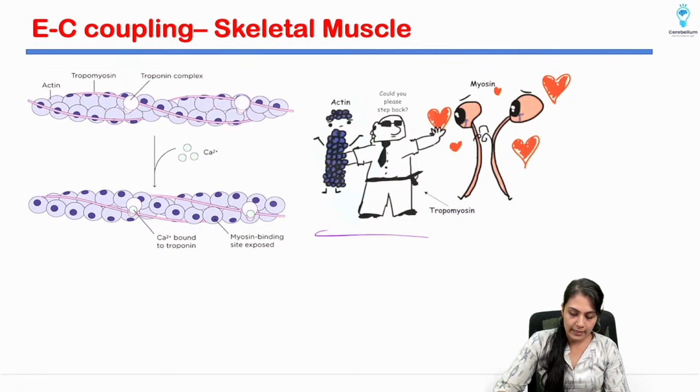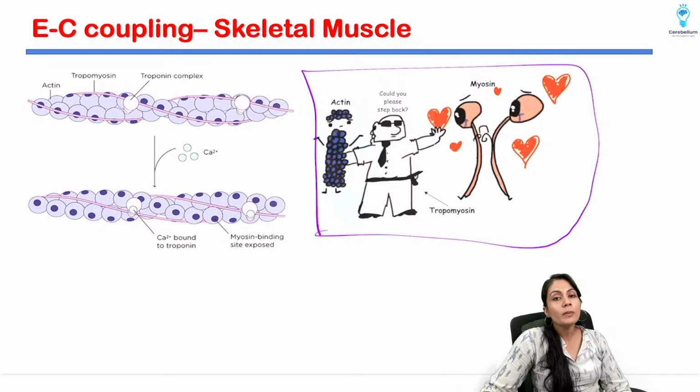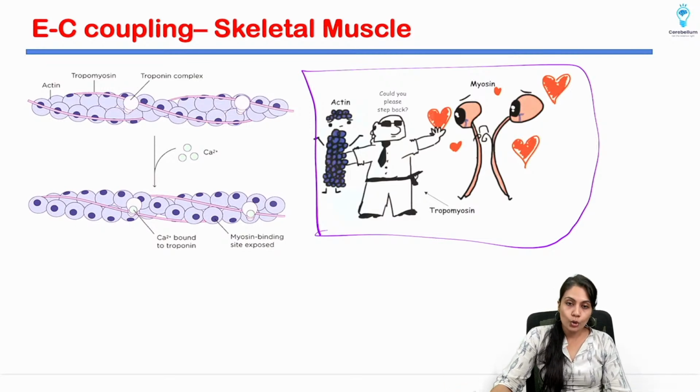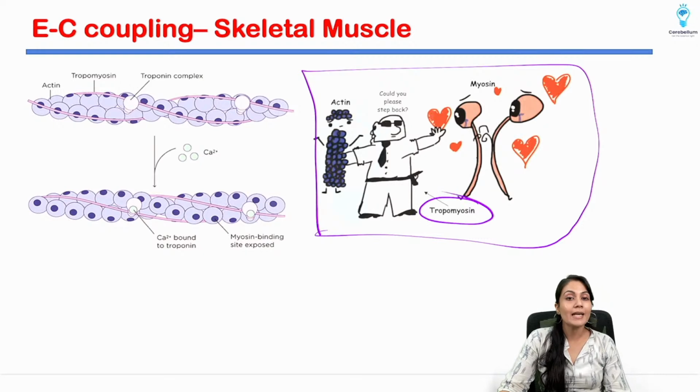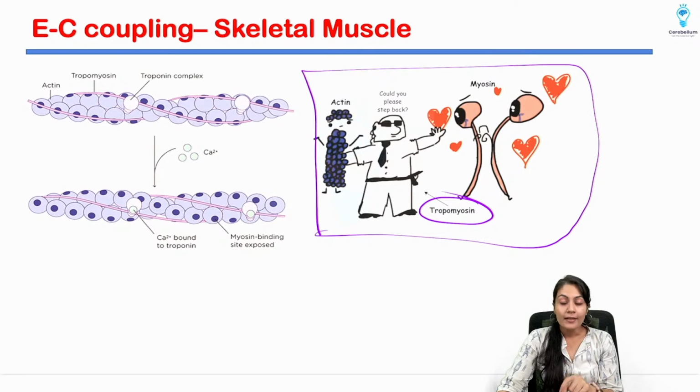See in this diagram what the actin and myosin want to do. They want to meet with each other, but the tropomyosin is not allowing it to meet. That means for the sliding filament theory, we require this actin and myosin cross-bridge formation, but the tropomyosin will be hindering it.